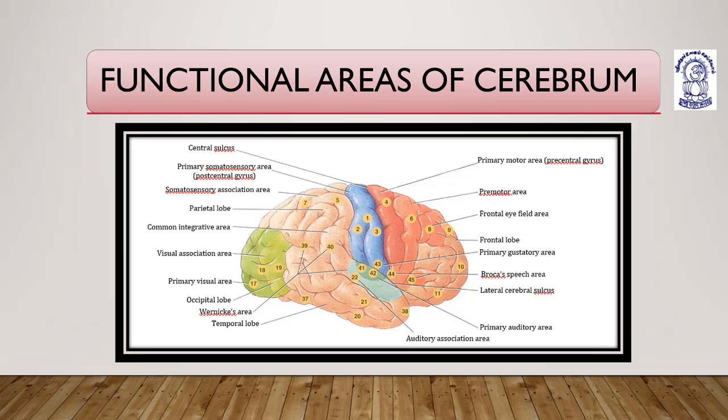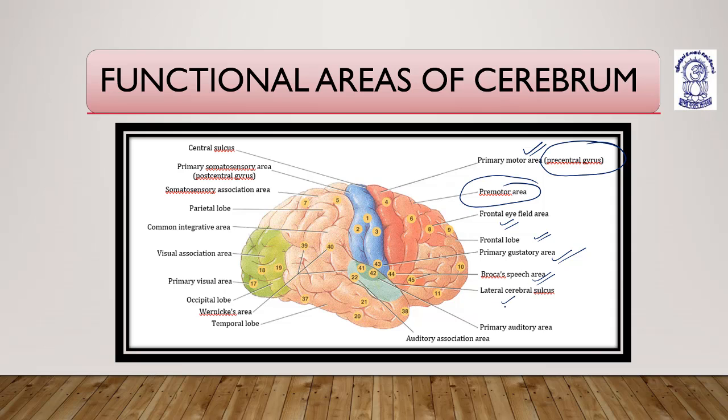Functional areas of the brain. We have already discussed the functional areas of the brain. This is the primary motor area or precentral gyrus. This is the premotor area, frontal eye field area 8, area 6 premotor, area 4 primary motor area. This is the frontal lobe. Area 43 is the primary gustatory area, and 44 and 45 are Broca's speech area.